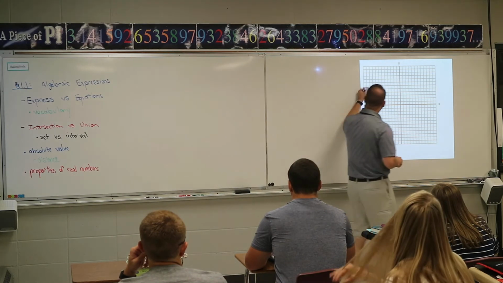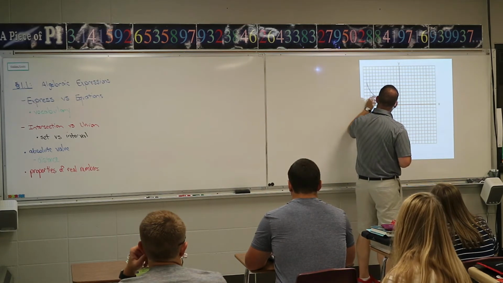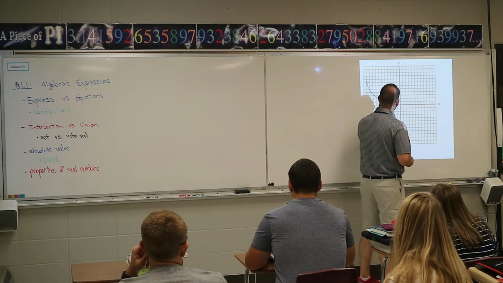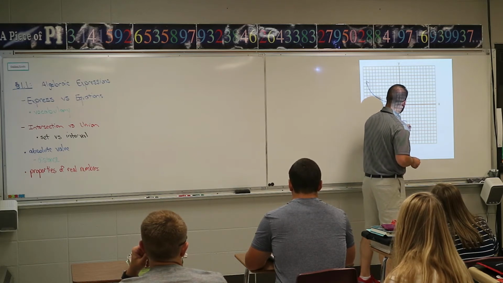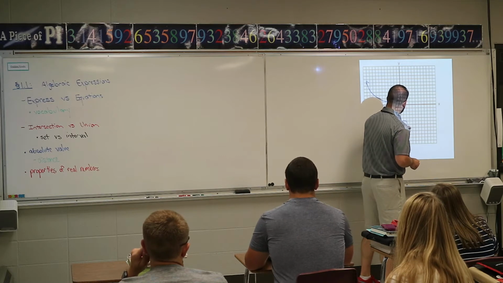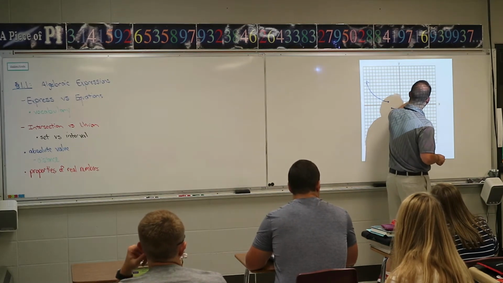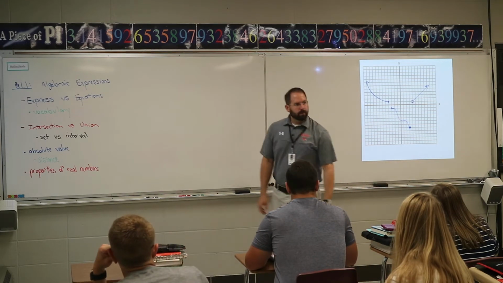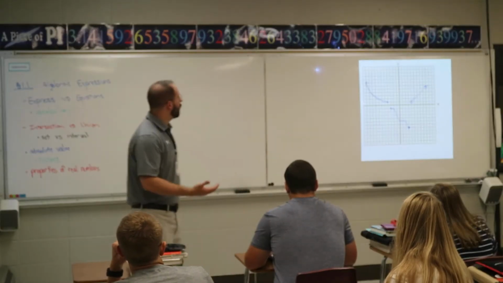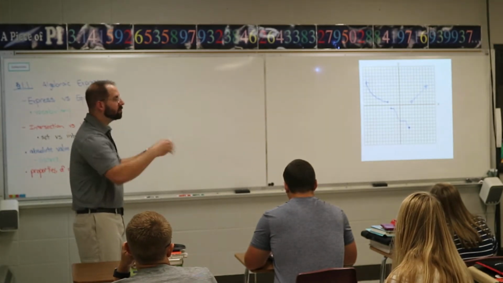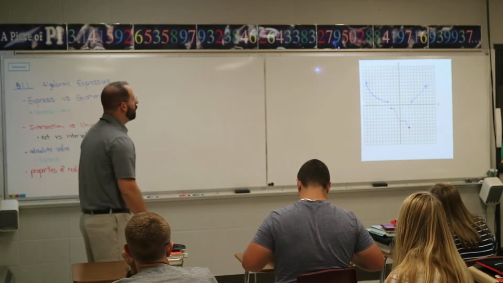Okay. So let's say we did something like this. Let's just make that a closed circle, make it easier. What you're looking at here is a piecewise function. It's multiple pieces. It's not continuous. It's not flowing. There are actual breaks in the graph.